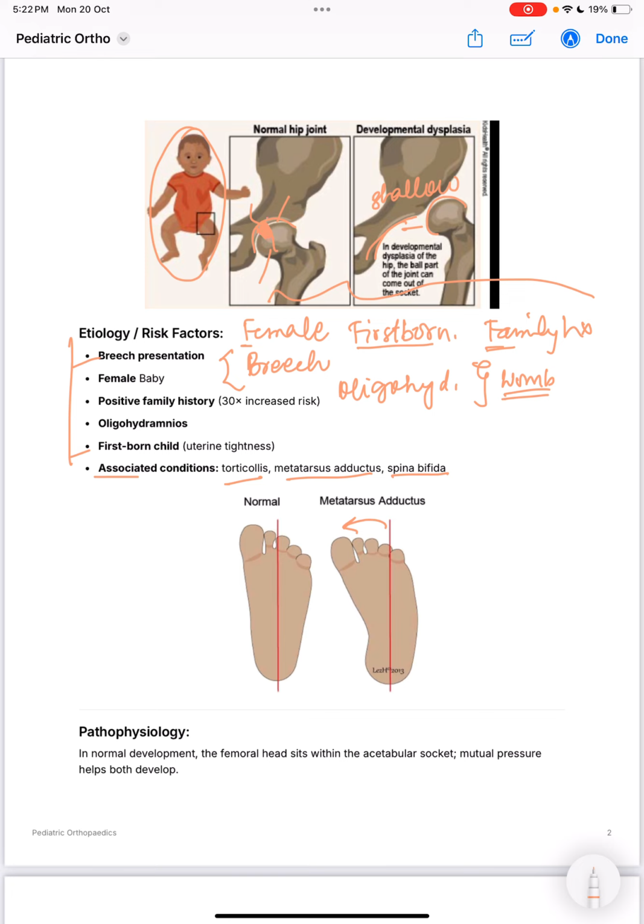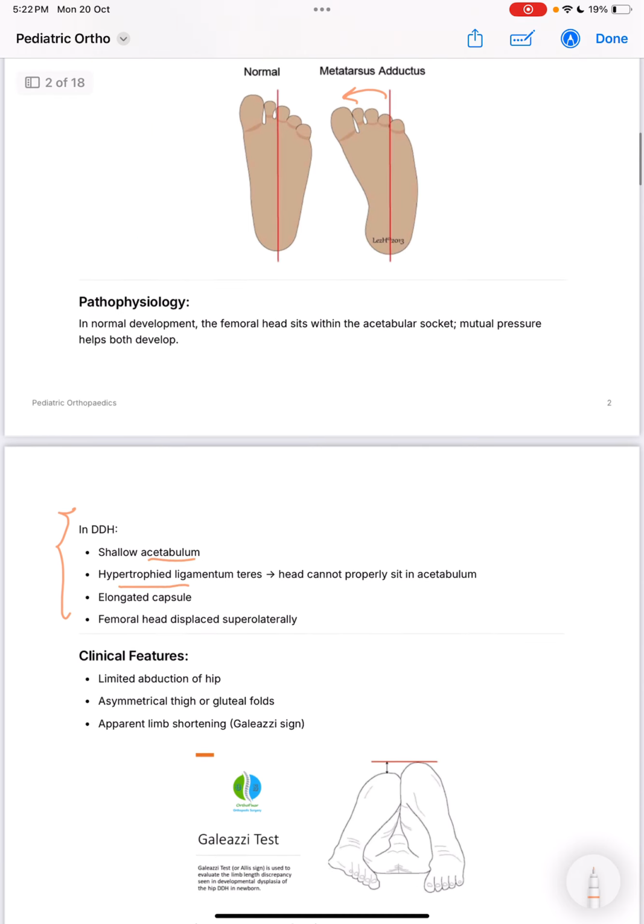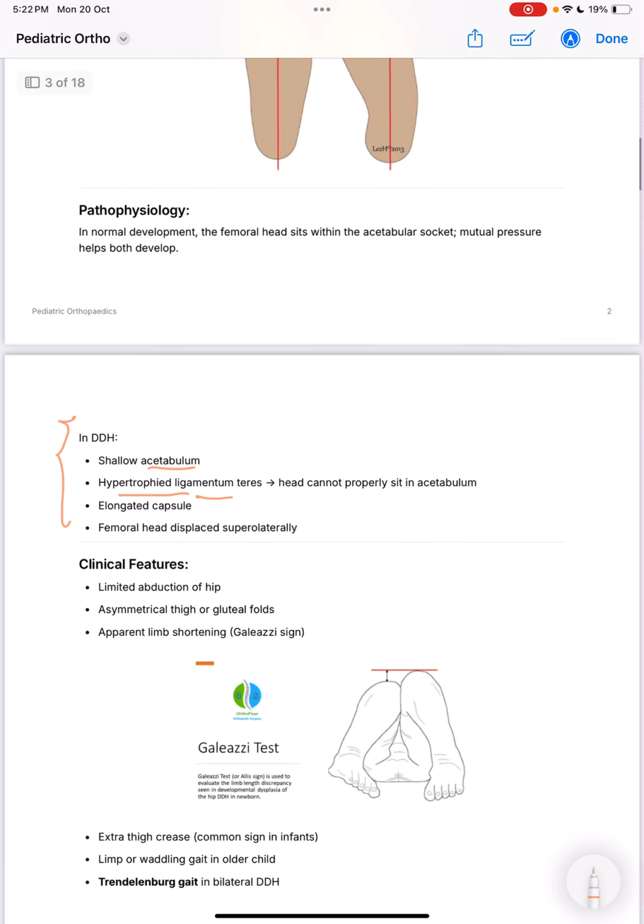But imagine this is super thickened, hypertrophied. Resultantly, the ball is not going to be able to articulate properly. So with a hypertrophied ligamentum teres, the head cannot properly sit in the acetabulum.